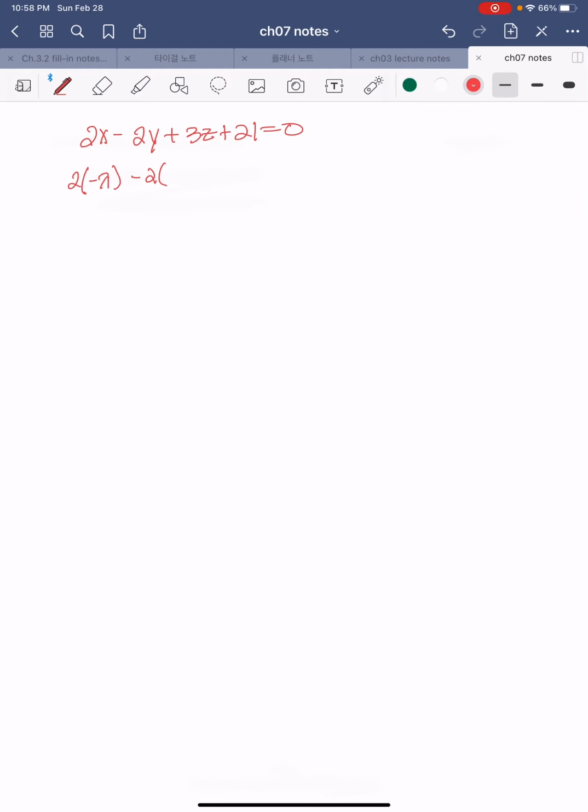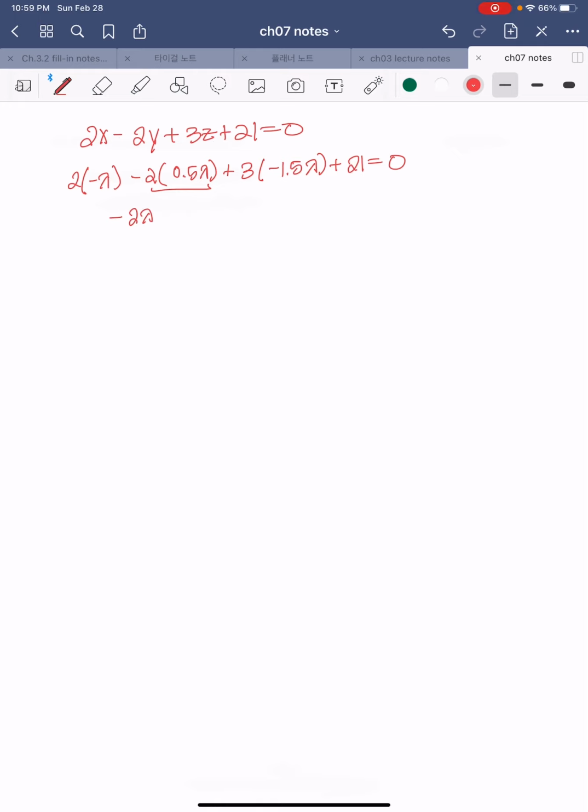So plugging it in, negative 2 times y, which was 0.5 lambda, plus 3 times z, which was negative 1.5 lambda, plus 21 equal to 0. So this will be negative 2 lambda.